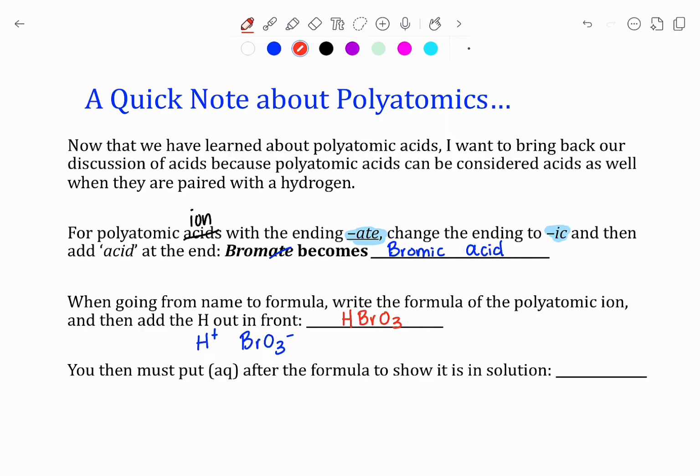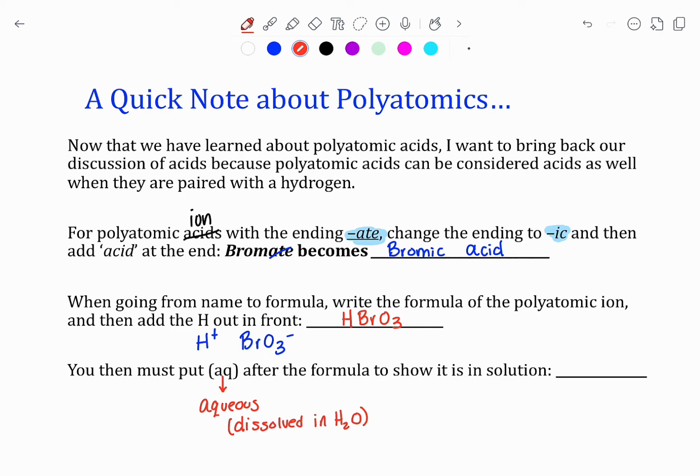Now there's one last caveat to this. When we talked about acids, we said it was only an acid when it's dissolved in water, or given an AQ notation, where AQ stands for aqueous, which essentially means dissolved in water.